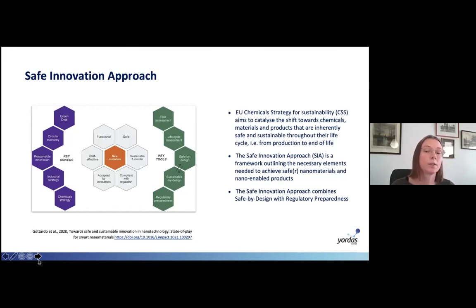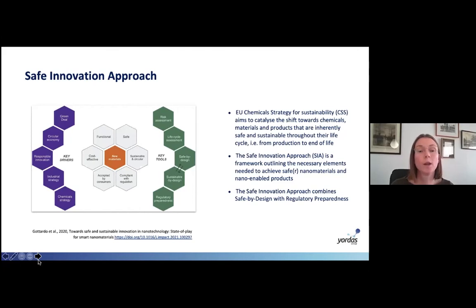And it says that new materials must be functional, safe, sustainable and circular, compliant with regulation, accepted by consumers, and cost-effective. There's some key drivers, for example, the Green Deal, the circular economy, and the chemical strategy for sustainability. And this new EU chemical strategy for sustainability aims to catalyze the shift towards chemicals, materials, and products that are inherently safe and sustainable throughout their life cycle.